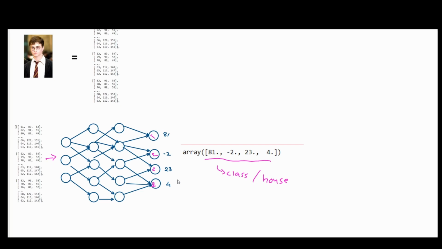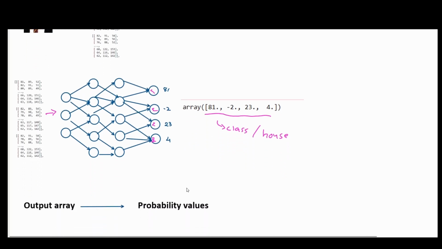What you basically do with the softmax function is you use the output value that is being predicted and you map it to probability values using softmax.